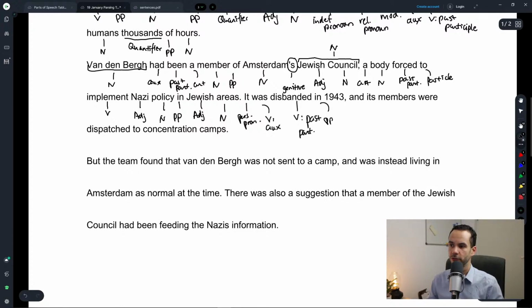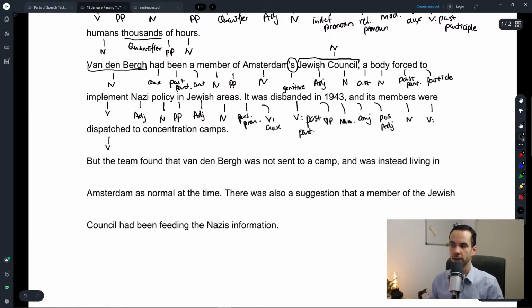In, preposition of time. 1943, which is our numeral, and, conjunction. Its, possessive adjective. Members, noun. Were, verb, but we need to look at dispatched because dispatched is part of the verb phrase.